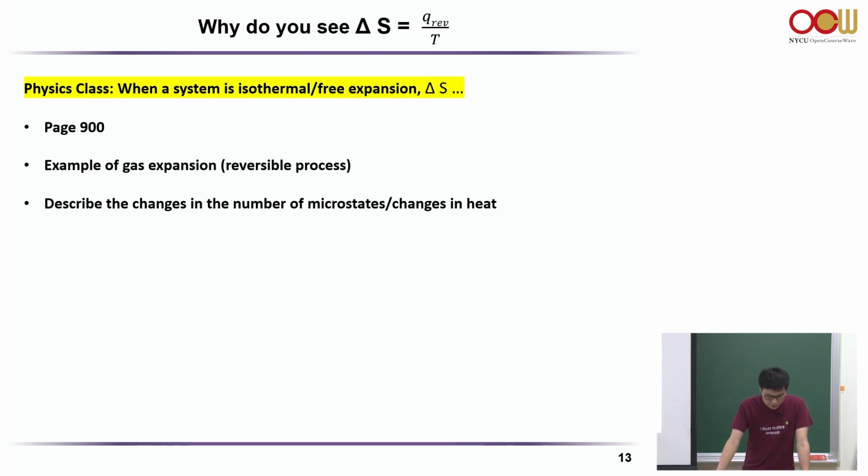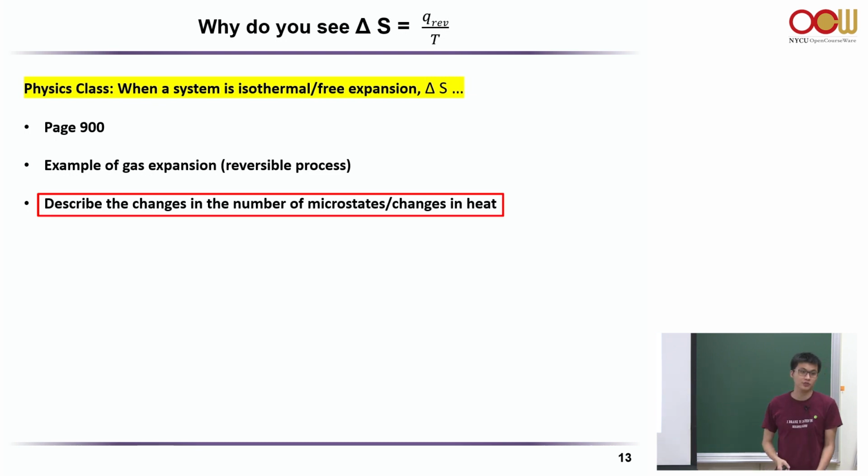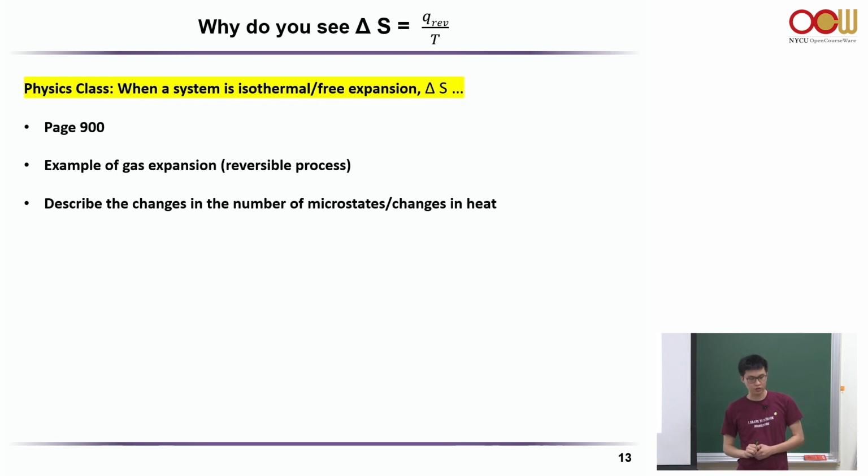Okay, so in figure 20.5 and then figure 20.4, there are two ways to describe entropy. One is to see the change in microstates, we'll talk a little bit more about it in a little bit, or changing heat. So if you look at figure 20.5, if you think of 1 mole of neon gas in a 1 liter flask, you can remove the sand.